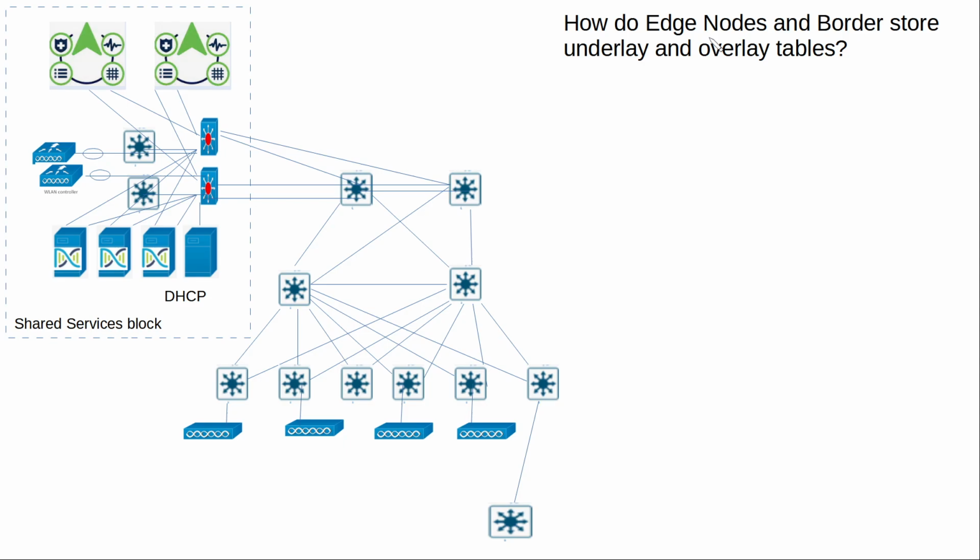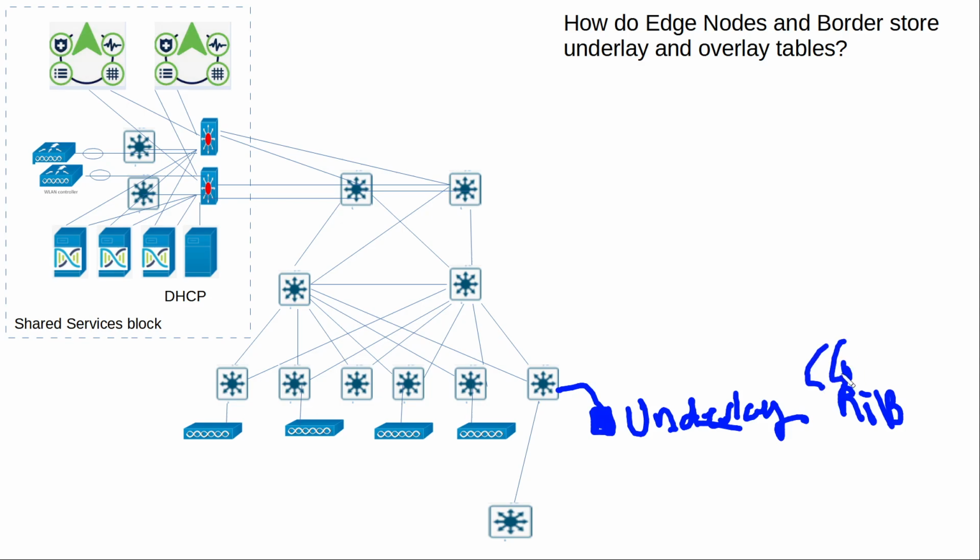How do edge nodes and border nodes store underlay and overlay tables? So the edge nodes will store underlay information in the RIB, which is actually the global routing table that comes from IS-IS. So this information comes from IS-IS in the underlay.